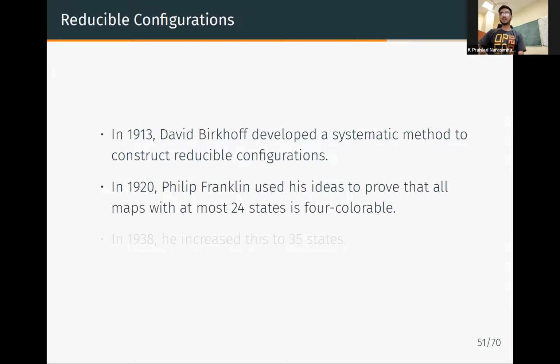And in 1920, Philip Franklin, we actually saw this guy before, a doctoral student at MIT, used these ideas to prove that all maps which have at most 24 states are 4-colorable. So wait, you can ask, we were talking about this minimal criminal. How did we come to this map with at most 24 states? Essentially, what he showed was there are complicated reducible configurations.